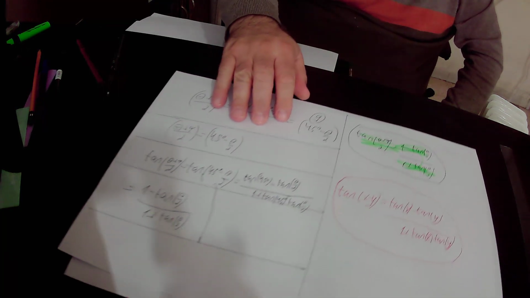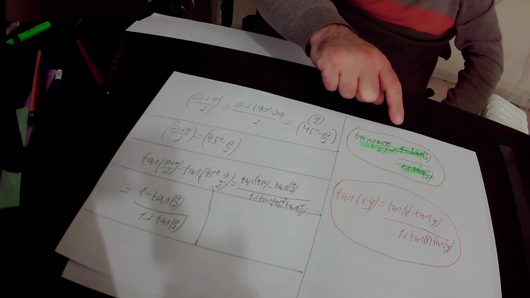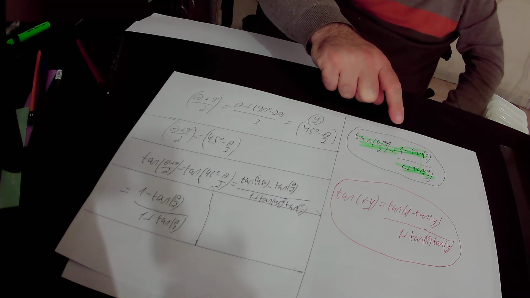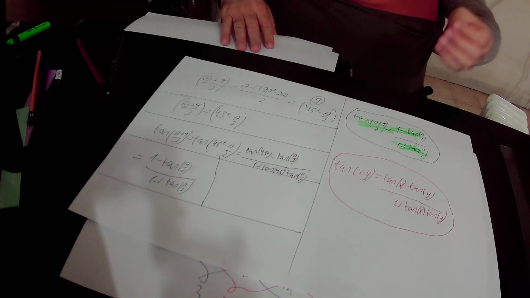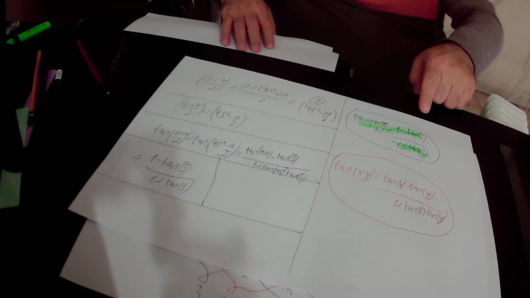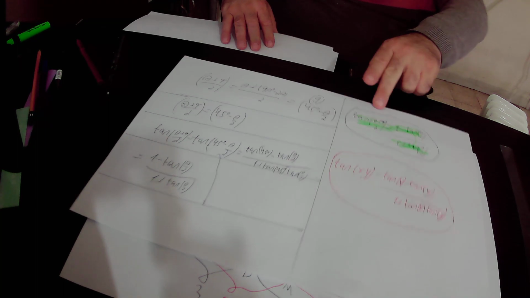So in conclusion, tangent of theta plus alpha over 2 equals 1 minus tangent theta over 2 over 1 plus tangent theta over 2. Okay, so the only thing left is to find the value of tangent theta over 2, and in this way we get the value of tangent of theta plus alpha over 2.